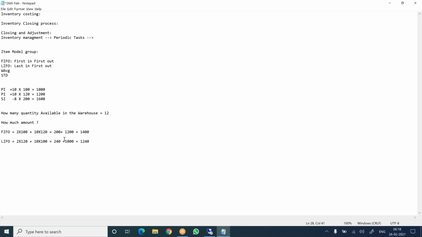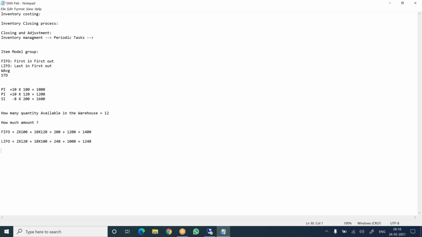Agree with me? Clear? So if you map FIFO, the system will calculate the value as 1400. If you map LIFO, the system will calculate 1200.